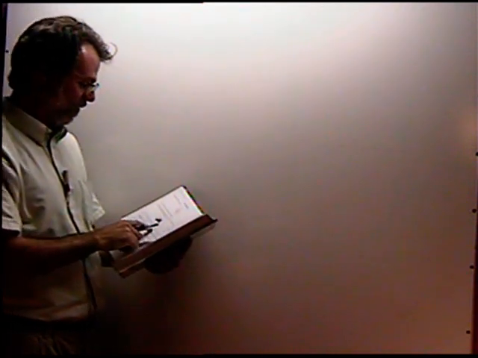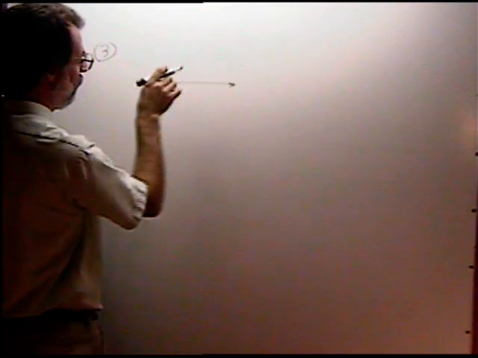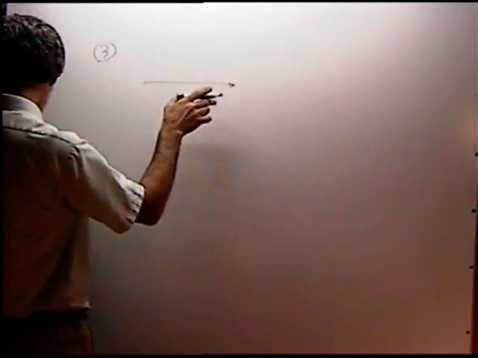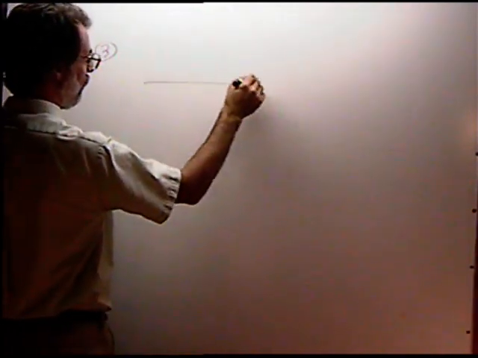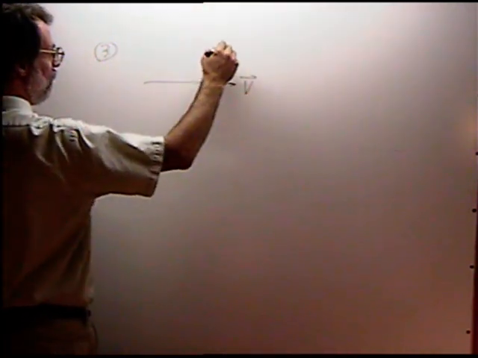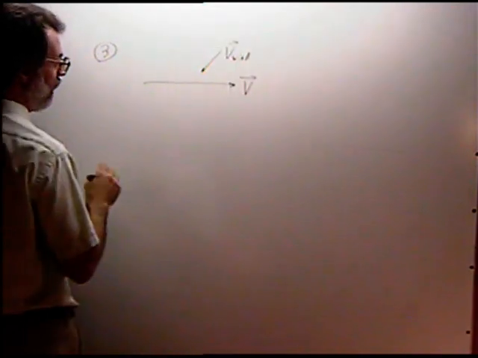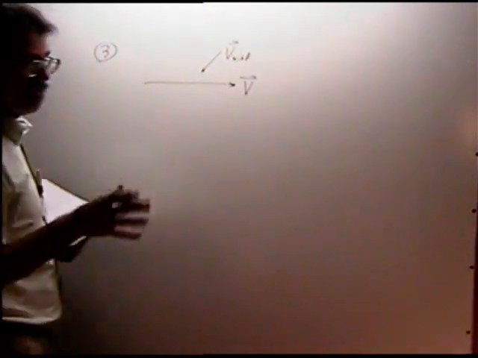Graphically show the heading of the plane. Okay, basically the plane is going this way. That's the velocity of the plane, but the velocity of the wind is like this. The velocity of the wind is at a different angle. So these are two vectors and we add them up.